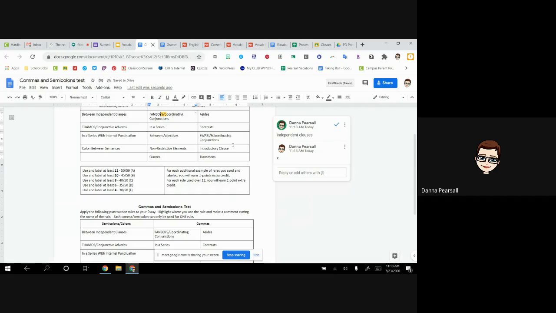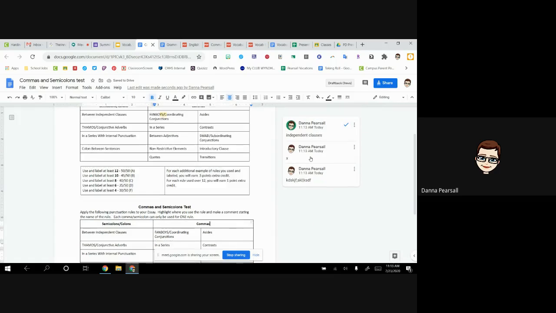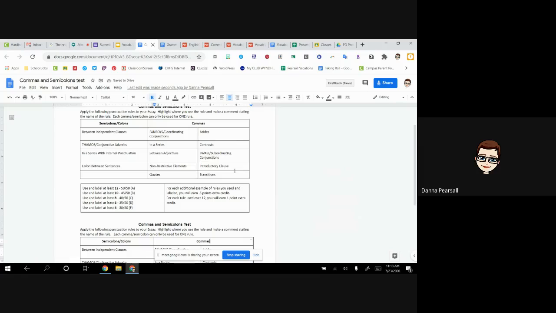If it was correct, I wouldn't do anything, or you can mark it however you want. But if it has an X, they know that they need to correct it in some way, and then they would reply with their correction. So that's just one way I would do it on a Google Doc to make it a little bit easier for me.